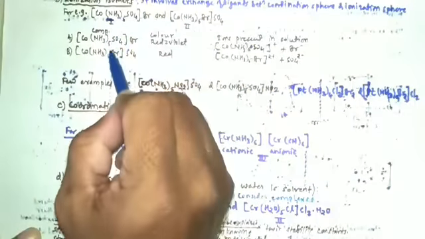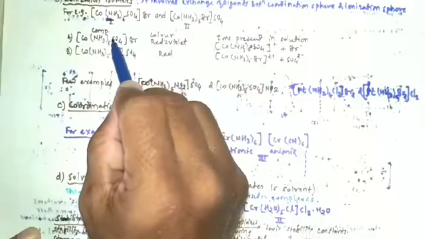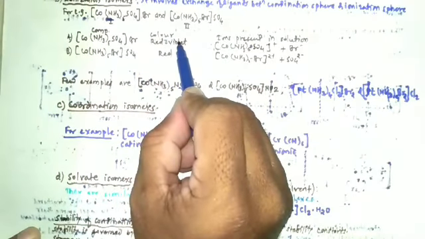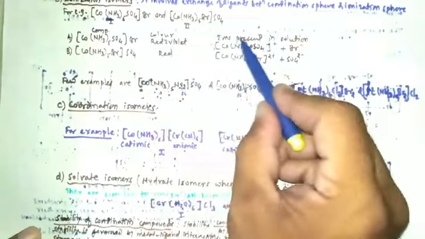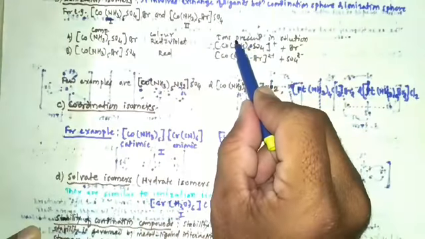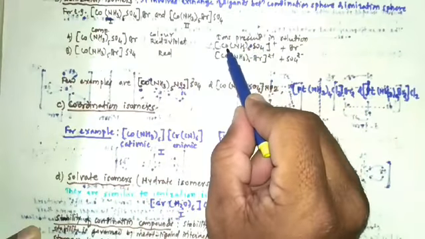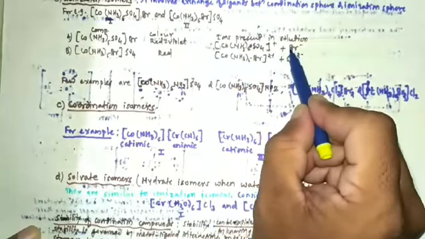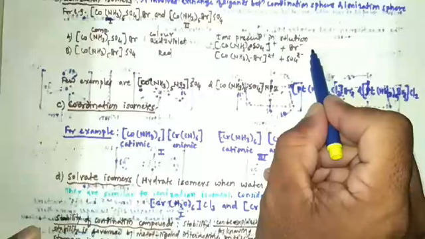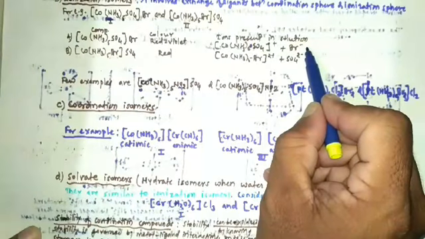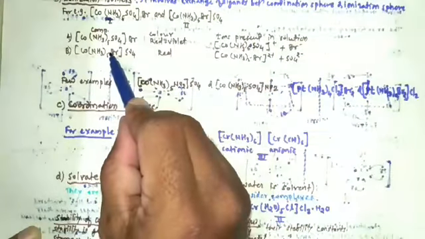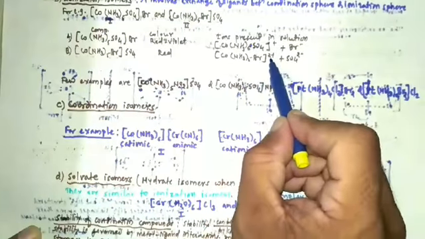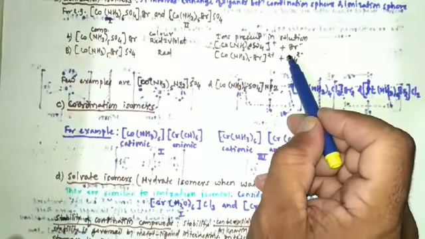Among these two complexes, this one has a red violet color, and when it is dissolved in water it produces ions in the solution, that is [Co(NH3)5SO4]+ plus Br-. And when this complex is dissolved in water, it produces [Co(NH3)5Br]2+ and SO4 2-.